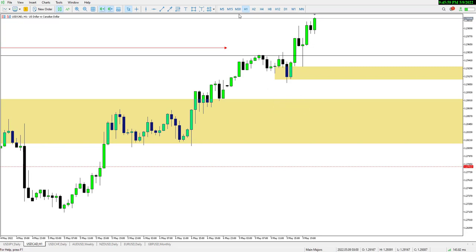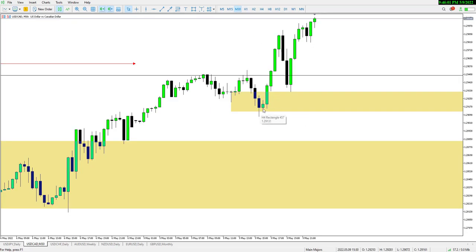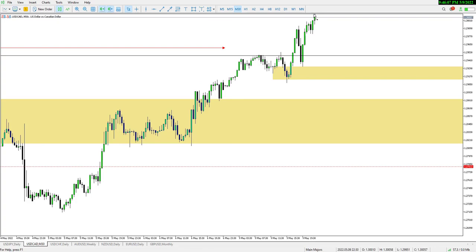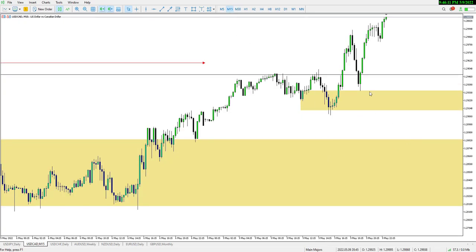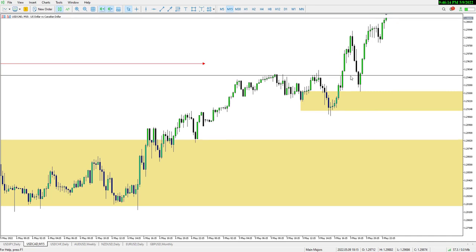So you can go further lower, 30-minute time frame. You define your PDRs. If you're going to scalp, you go further lower on the 30-minute time frame, even 15-minute time frame, so that you get proper, precise entries according to the fundamental that has been released.